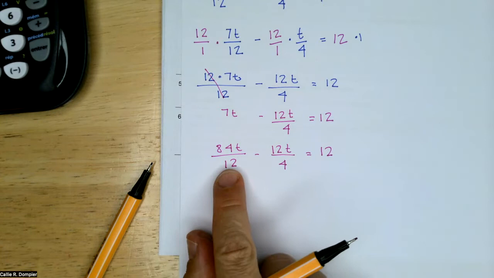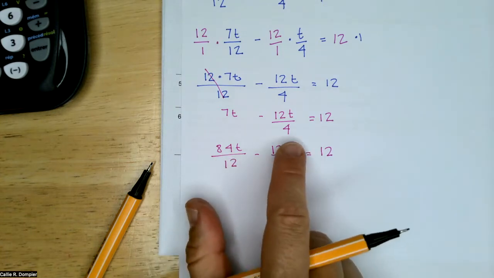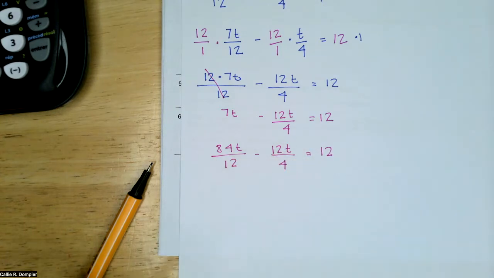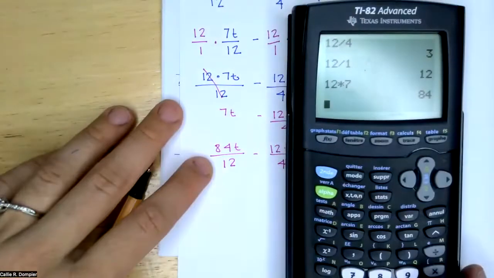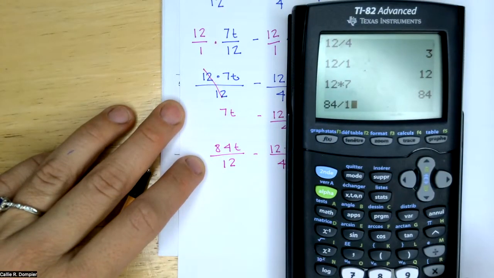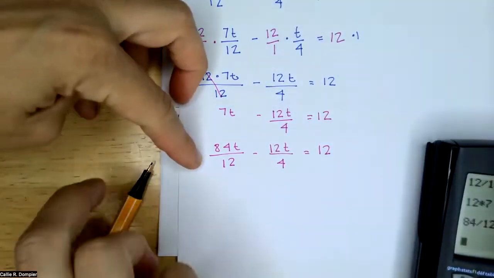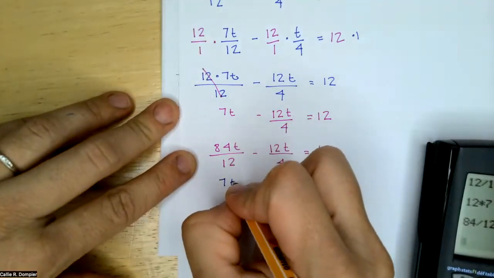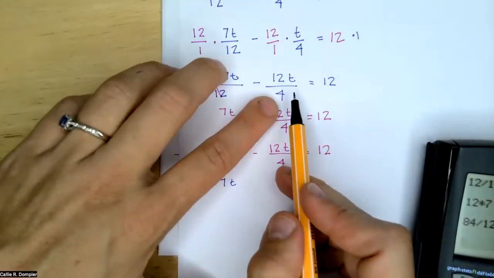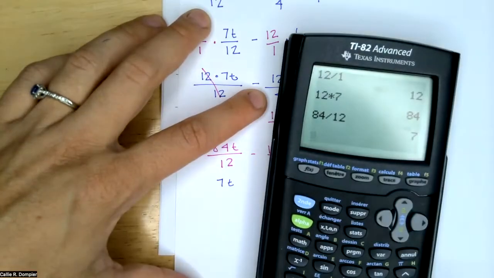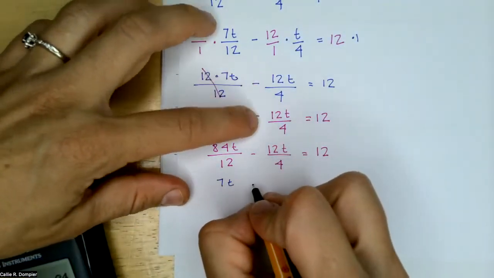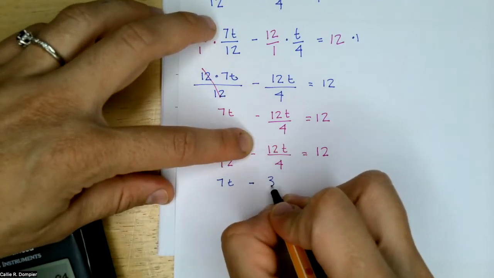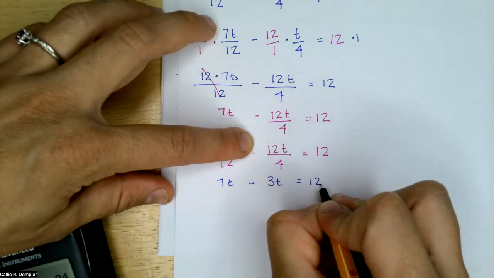And you see how now we have a bigger number on top, smaller number on the bottom, bigger number on top, smaller number on the bottom. We're just going to divide them. 84 divided by 12 becomes 7, just like it did when we canceled them. And then 12 divided by 4 becomes 3. So now we have 7t, carry the minus, 3t equals 12.